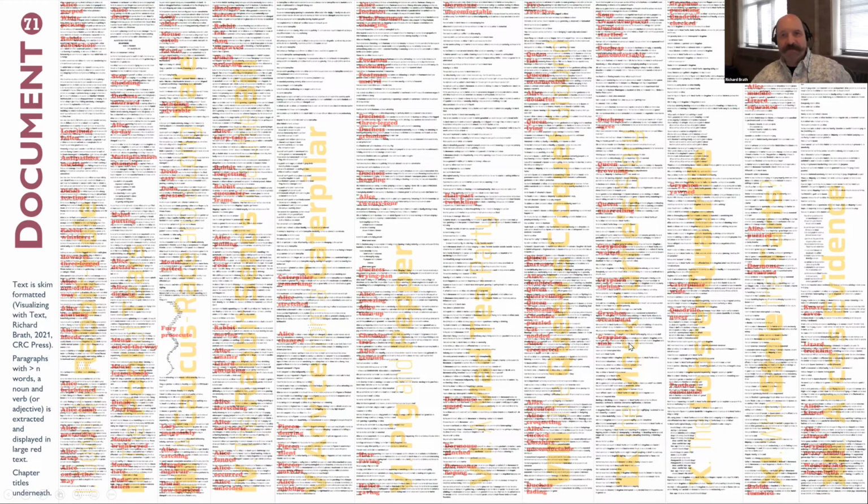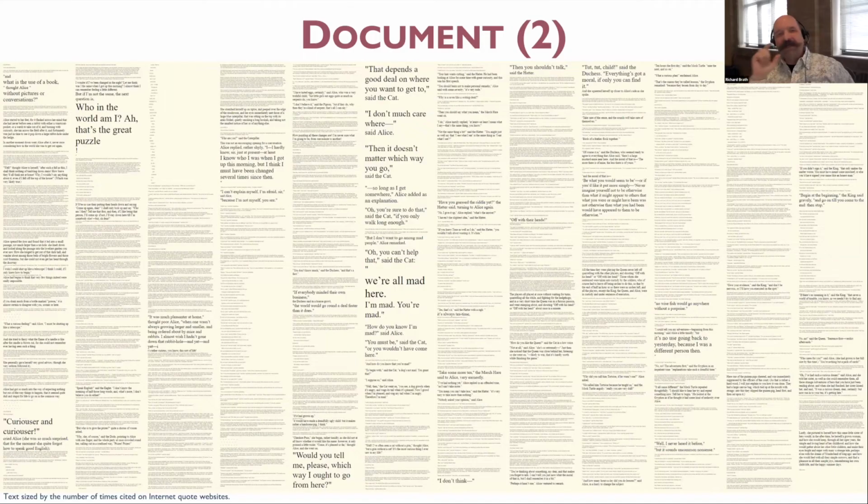And then one final example. This is the entire text of Alice. In this case, what I've done is gone to about 20 different websites where they have quotes. There are a lot of these different websites that are quotes from stories, so you can use them in your analysis of whatever it is that you're going to do.